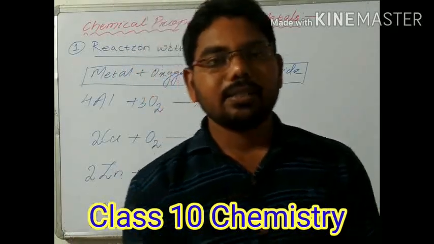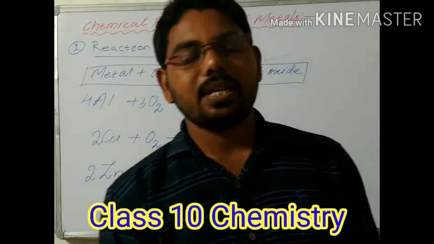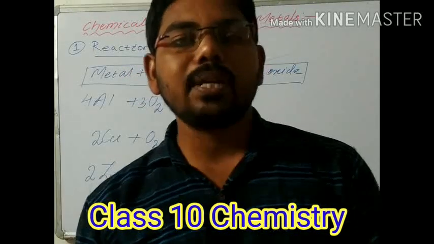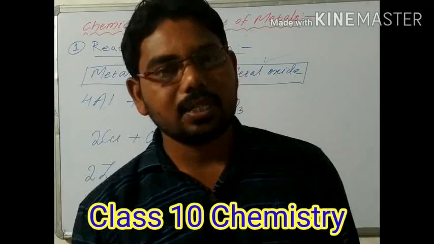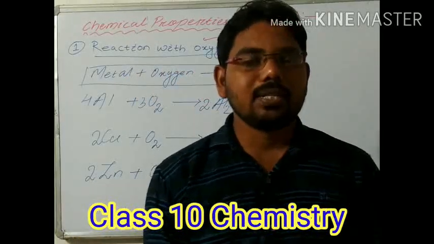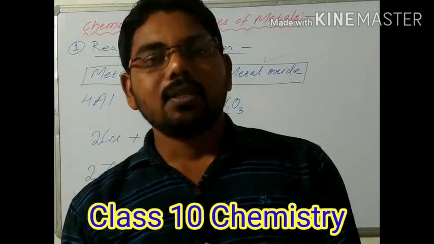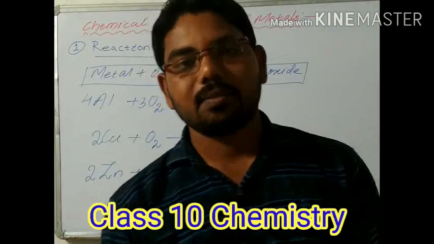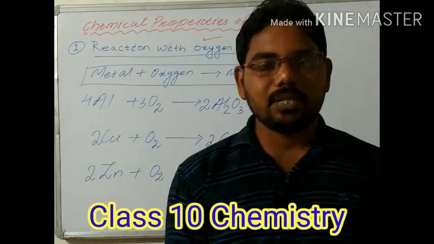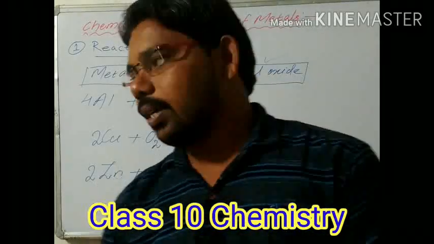Next, metals react with acids; most metals react with dilute acids and some react with concentrated acids also. The fourth property is that metals react with the salt solutions of other metals. So let's start one by one.